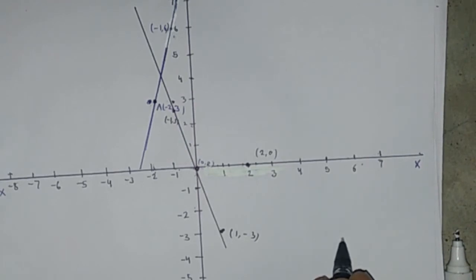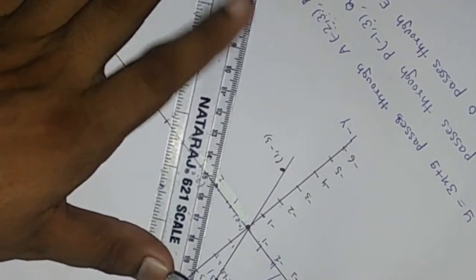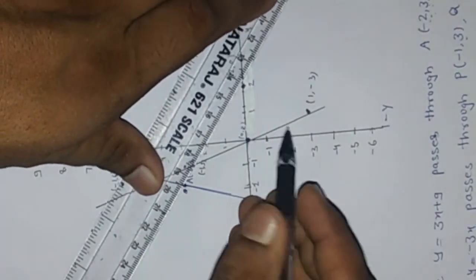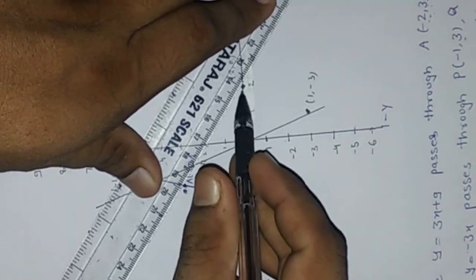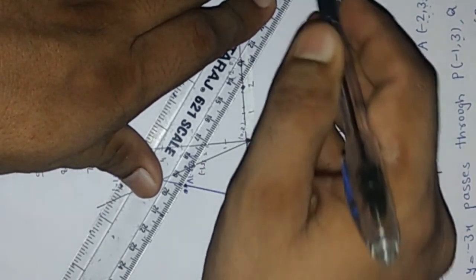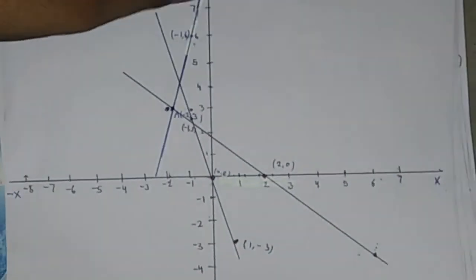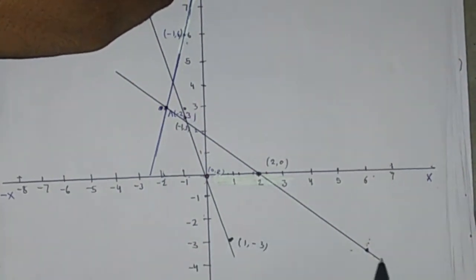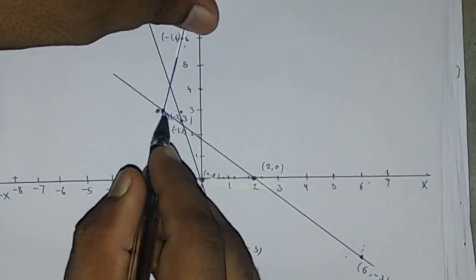This is the point 6 comma minus 3. Now join these points, we get the line through minus 2 comma 3, 2 comma 0 and 6 comma minus 3.